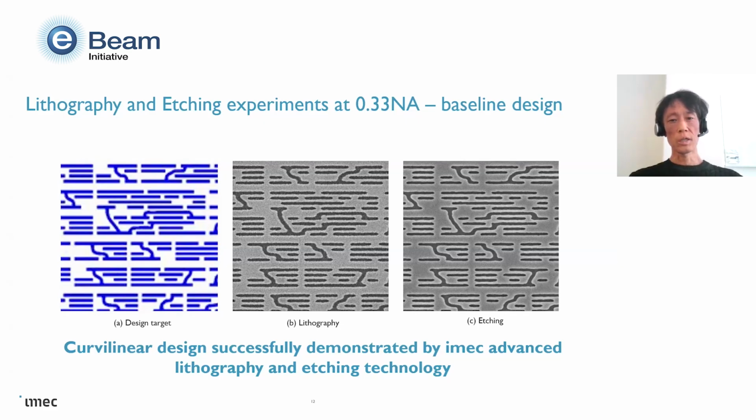The contour fidelity is largely maintained throughout the patterning process. These results demonstrate that curvilinear layouts are compatible with advanced UV lithography and etching flows, and can be realized experimentally at the wafer level.